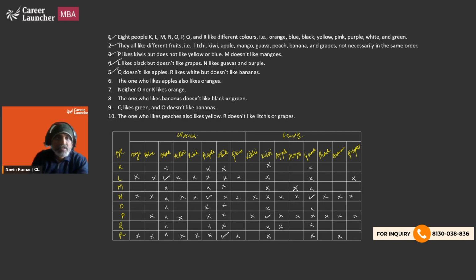Okay. The one who likes apples also likes orange. So the one who likes the fruit apple also likes the color orange. So apple and orange, it's possible for K, it's possible for M, it's possible for O. So there are only three people for which this is possible, because either apple is struck out for that particular person or orange is struck out.